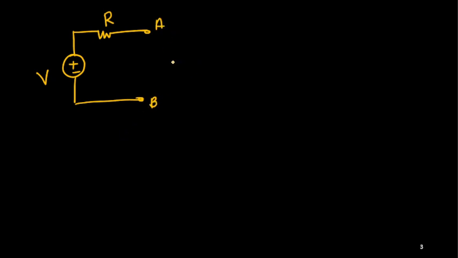That we can convert to another network containing one current source with a resistance, and that resistance should be connected in parallel. So remember always one thing: with a voltage source, the resistance should be connected in series; with a current source, the resistance should be connected in parallel.